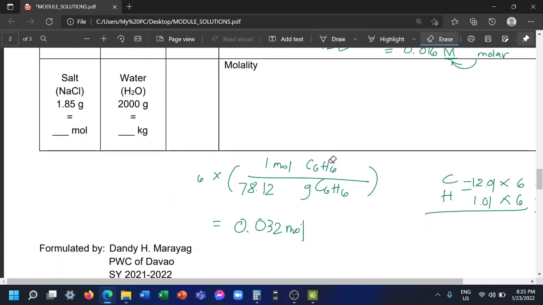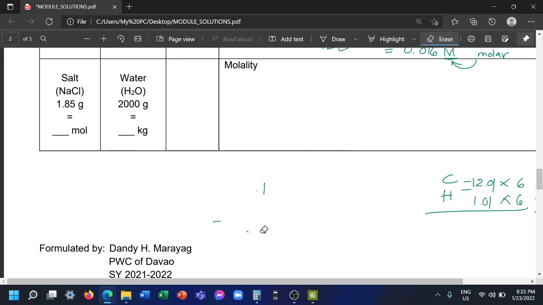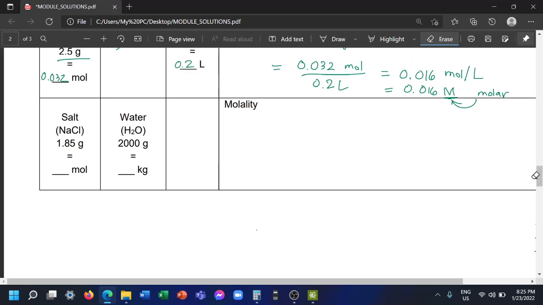Let's erase this one here first. So it's another problem here. By the way, this one is not the, okay, let's have some correction here. This one is the mass of the solution.